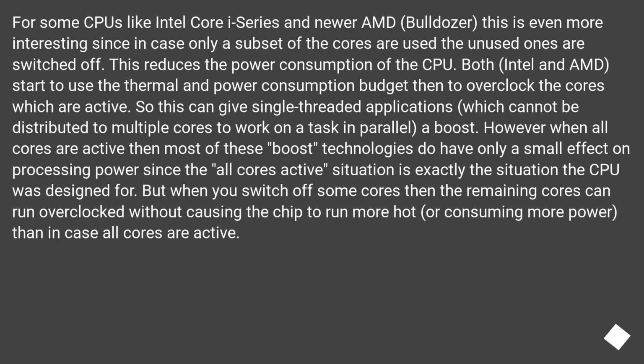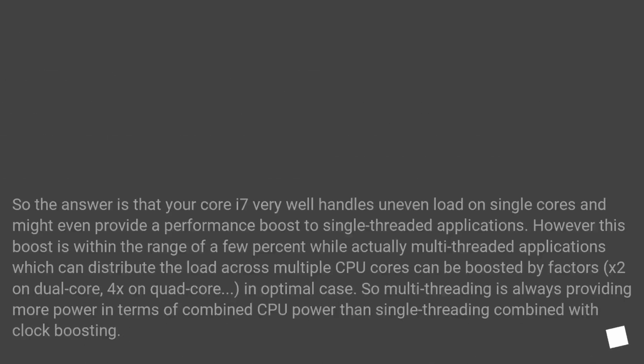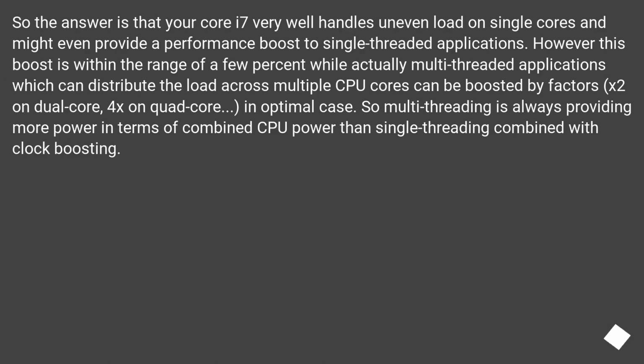But when you switch off some cores, then the remaining cores can run overclocked without causing the chip to run hotter, or consuming more power than in case all cores are active. So the answer is that your Core i7 very well handles uneven load on single cores and might even provide a performance boost to single-threaded applications.